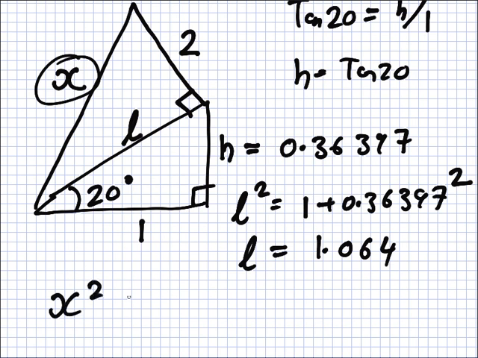Yeah, Pythagoras. X squared equals 1.064 squared plus 2 squared. Yeah, what's it?